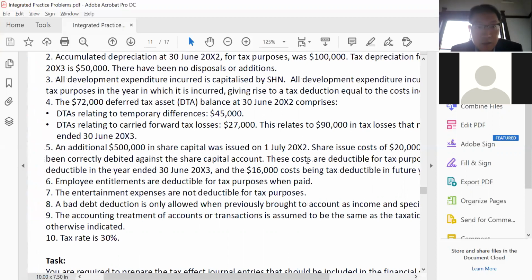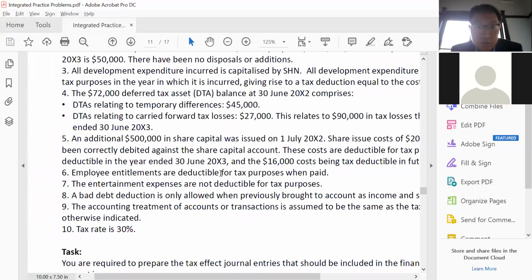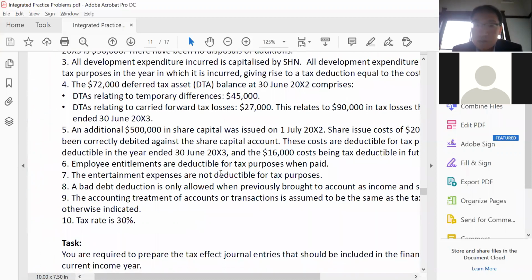Okay. Some further information is that entertainment expenses are not deductible for tax purposes when paid. Employee entitlements are tax deductible when paid, entertainment expenses are not deductible at all.